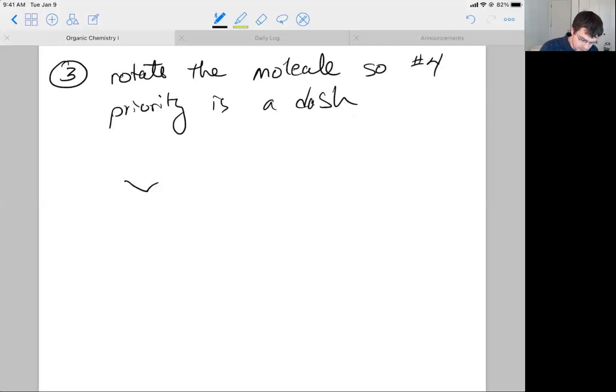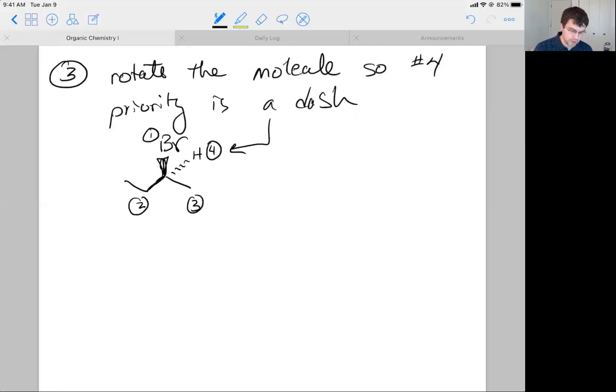Well, do we have to do that in this case? Just redrawing the molecule again, I'm going to include the implicit hydrogen shown as a dash. So we have 1, 2, 3, 4. So 4 is already a dash.